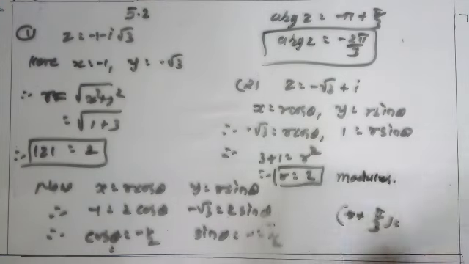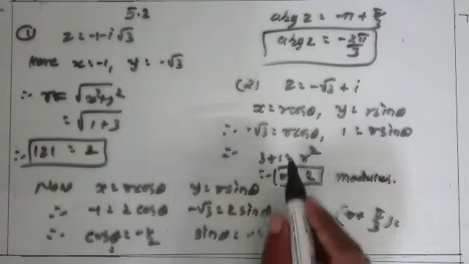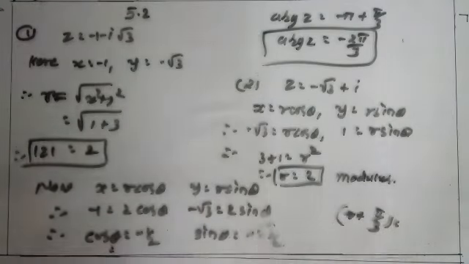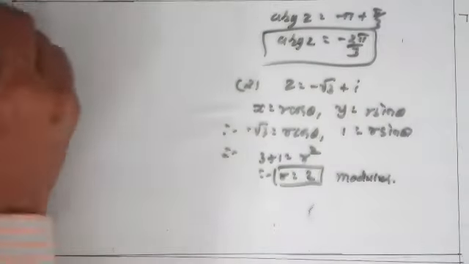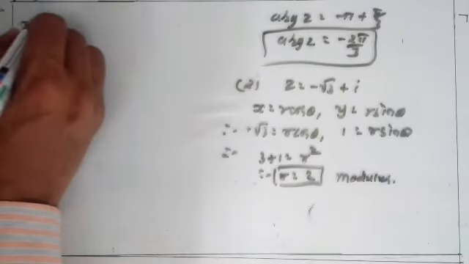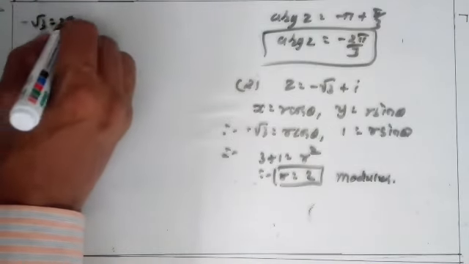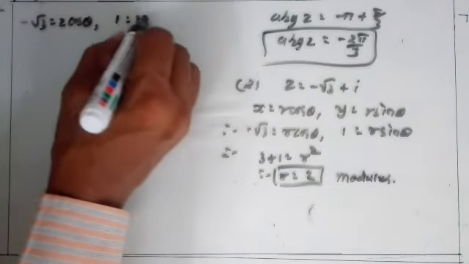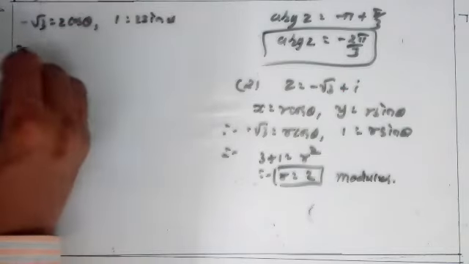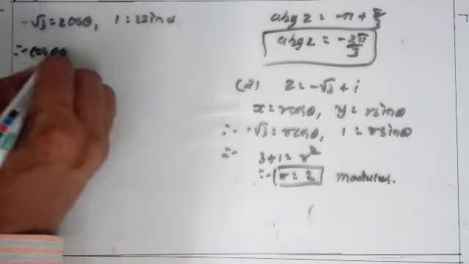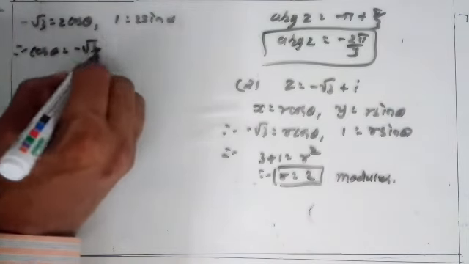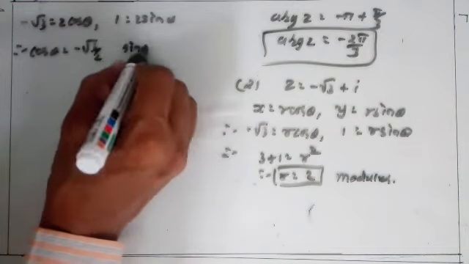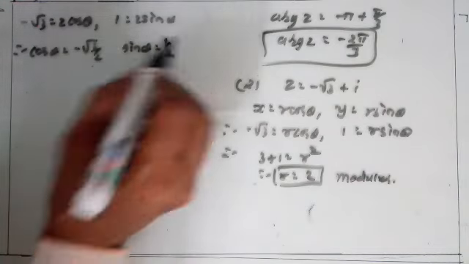Okay. Now replacing r in this, we get minus root 3 is equal to 2 cos theta, 1 is equal to 2 sin theta. Therefore, cos theta is equal to minus root 3 by 2, and sin theta is equal to 1 by 2.